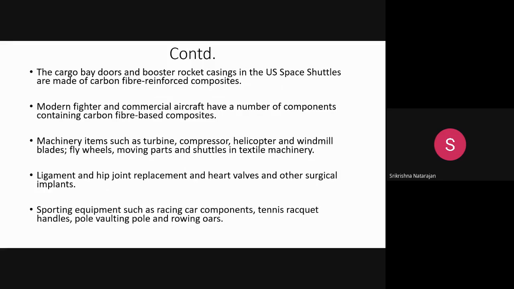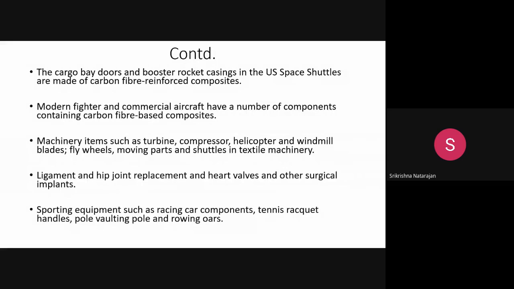And as I have already told you, it is used in space vehicles, where it can be used for manufacturing the rocket casings also, where the rocket is placed in a particular box. Okay, that box is made up of carbon reinforced composites. And cargo bay doors, which are in the space vehicles, this space vehicle application is also there.